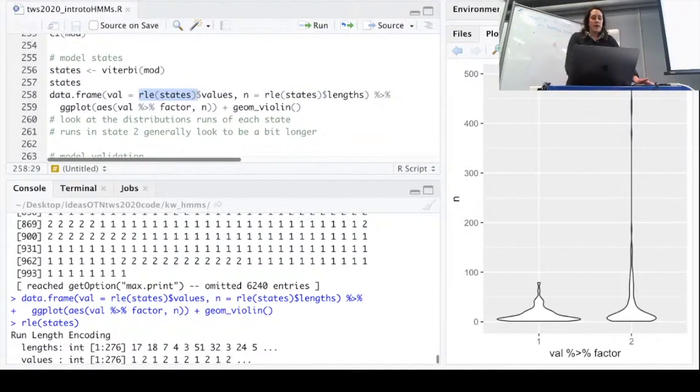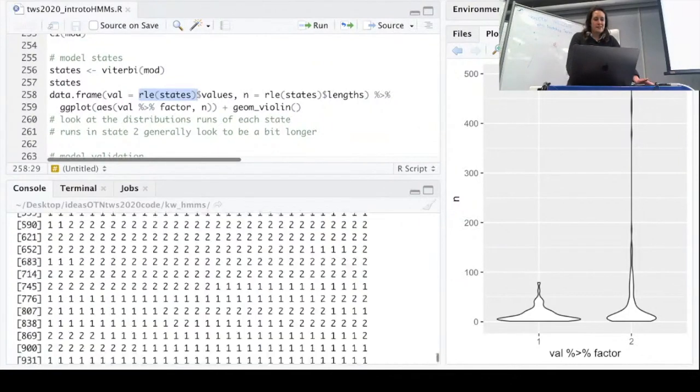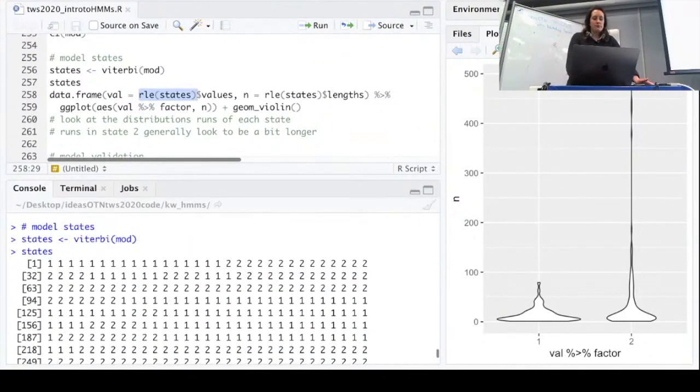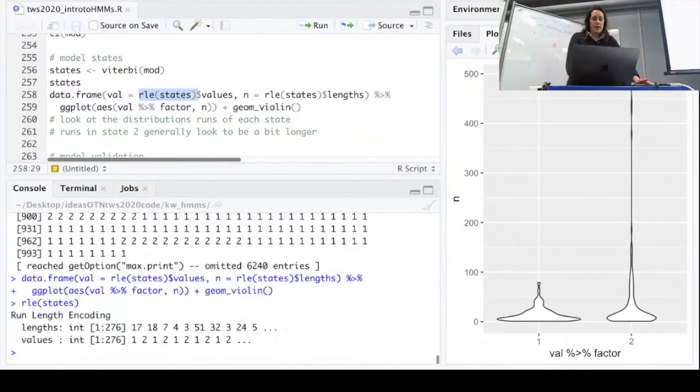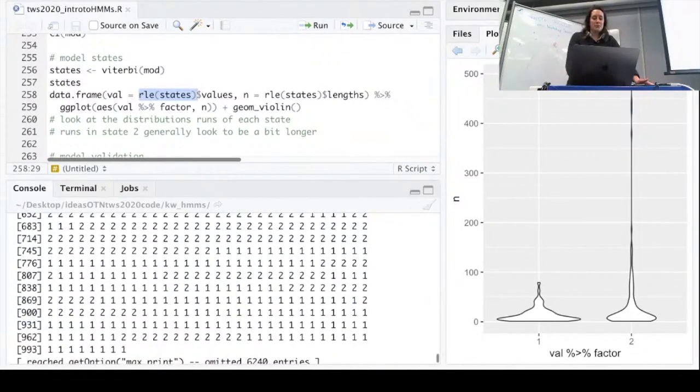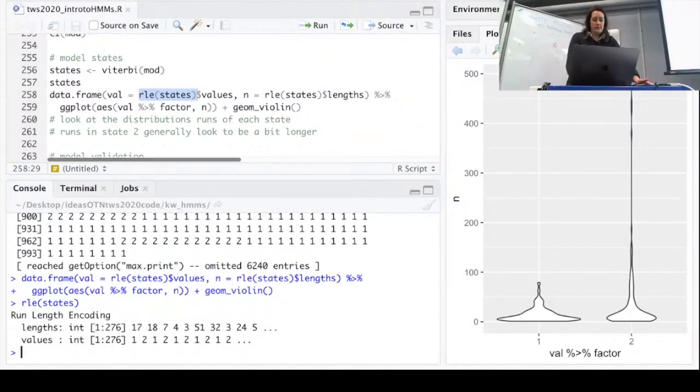So I'm saying, okay, I had 17 ones to start off with, then I switched to 2 and I had 18 of those, then I switched back to 1 and I had 17, 18. Then I switched back to 1 and I had 7, switched back to 2 and I had 4. So I'm calculating basically the time that each state lasted.